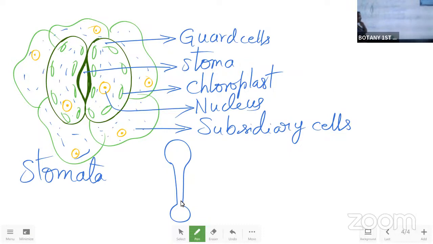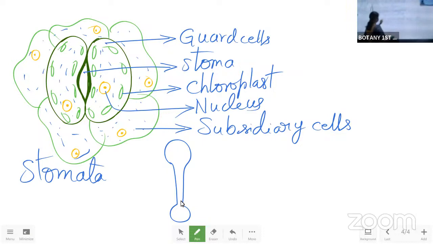And the guard cells have a somewhat thicker cell wall towards the inside and a thin cell wall towards the outside. This helps in the opening and closing of the stomatal apparatus. And the small, narrow opening present between the two guard cells is called the stoma. That is this gap, called the stoma.